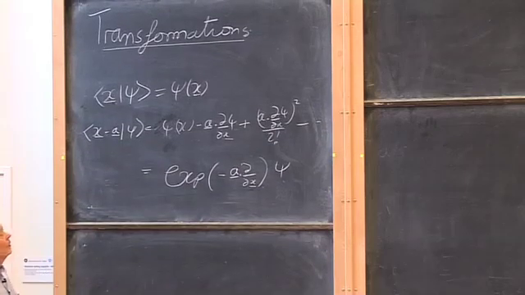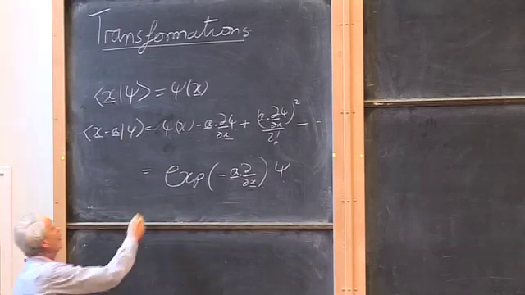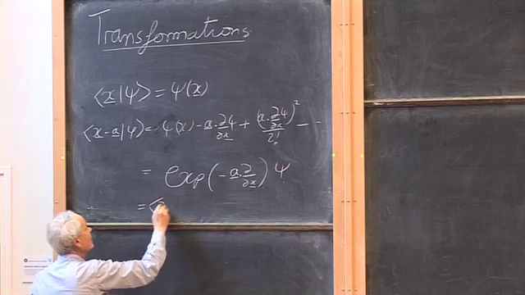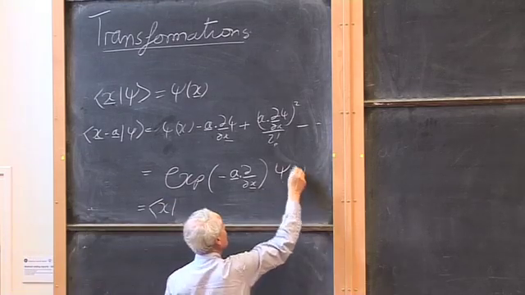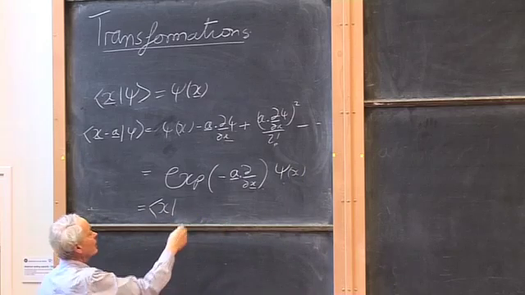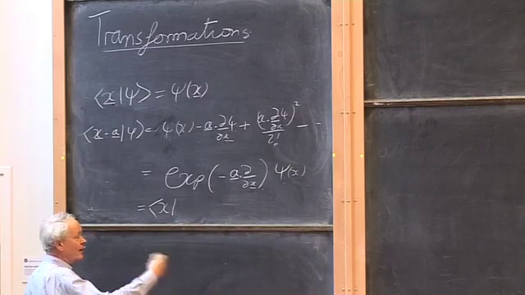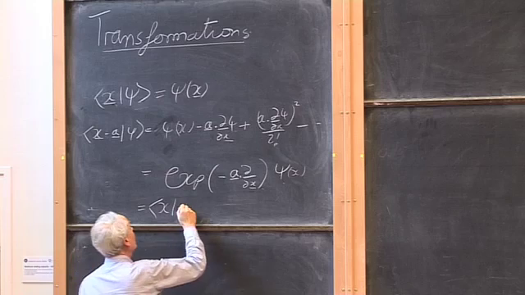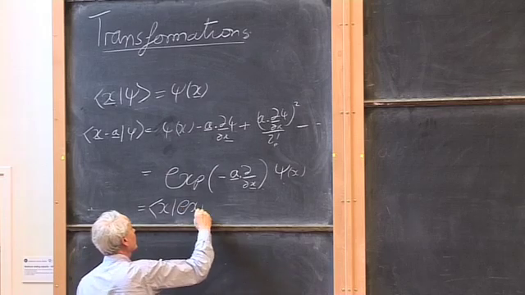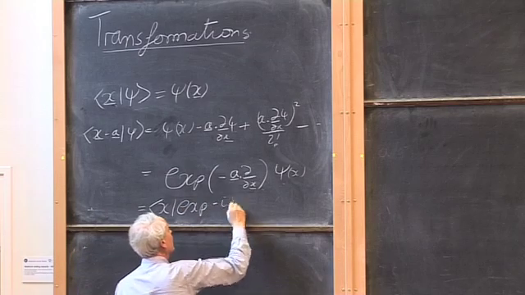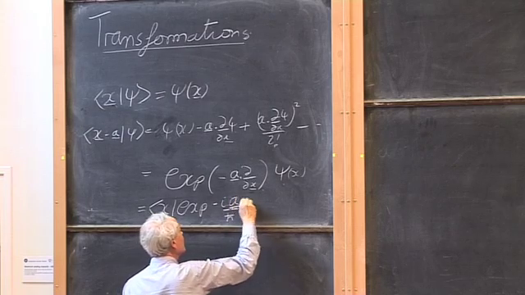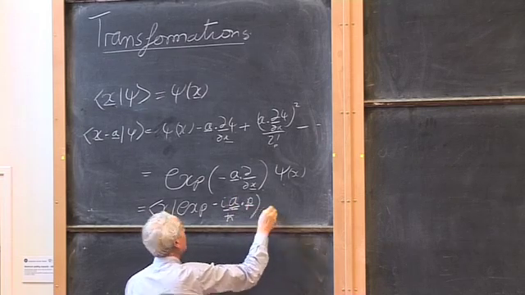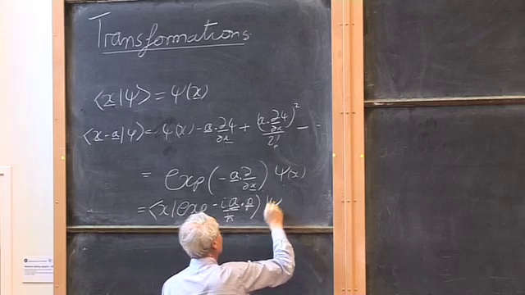But we notice that this can also be written as x working on psi of x. This can be written by the rules of operators and the definition of p as the exponential of minus i a dot p over h bar operating on the ket of psi.